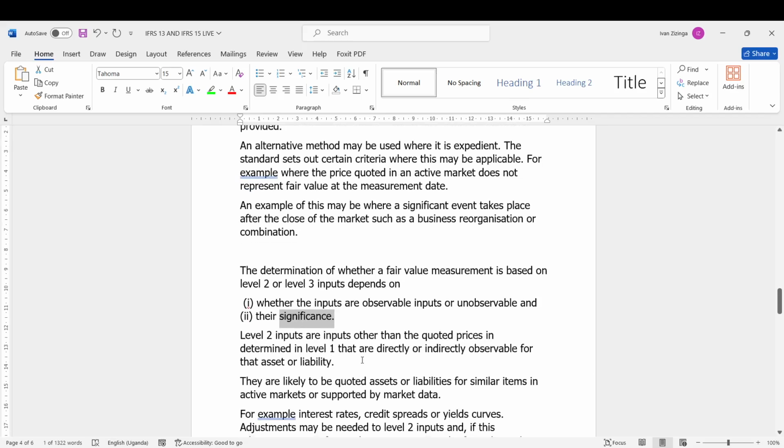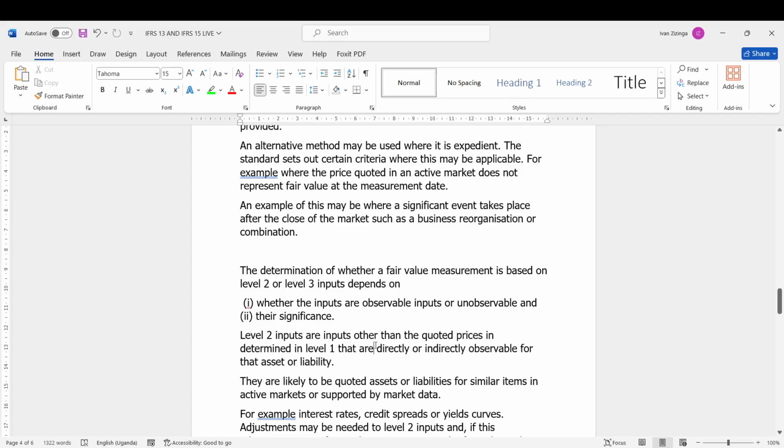You'll find that you can have observable inputs, but not for an identical asset. That's why the standard is saying level 2 inputs are inputs other than the quoted prices determined in level 1 that are directly or indirectly observable for the asset.